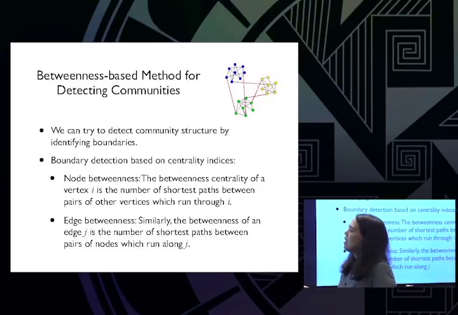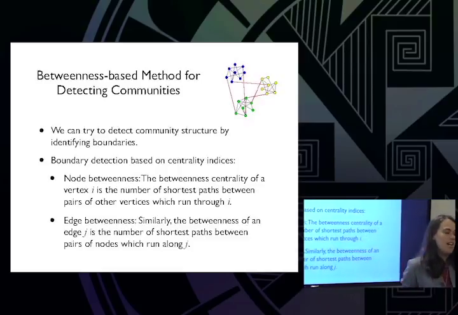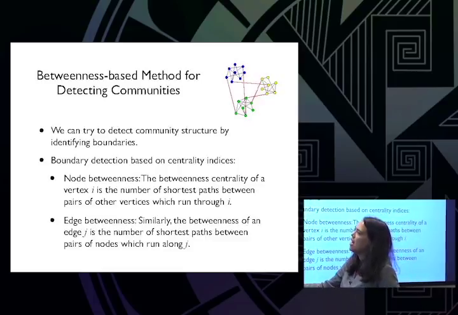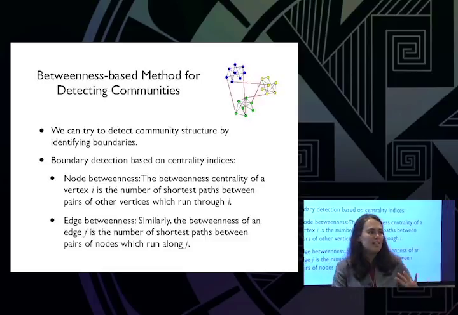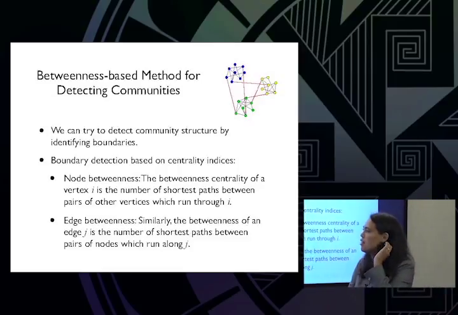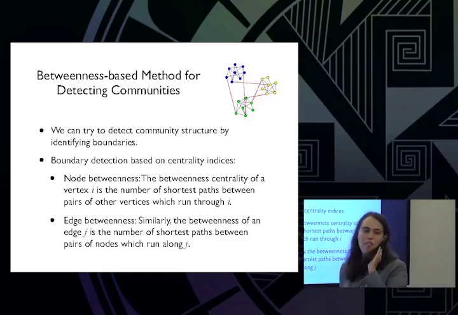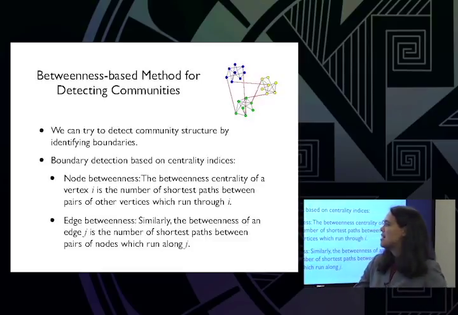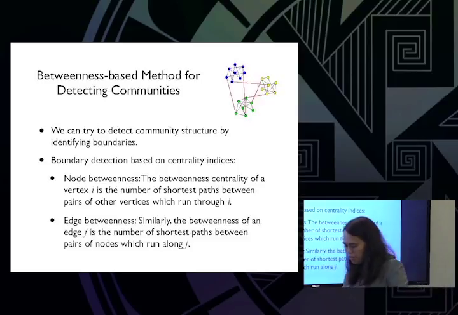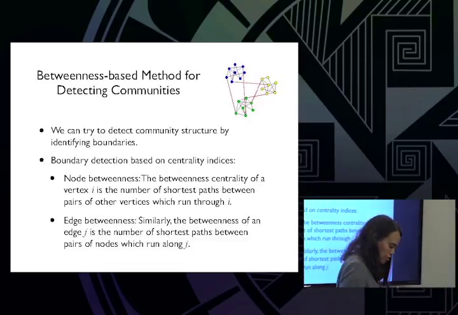So here, our idea is that we have this network, and we think it's divided into communities. We can try to detect these communities by identifying the boundaries, those links that go between communities. And we can use these centrality measures, these simple network measures, to help identify those boundaries. So there's this concept of node betweenness. We have different centrality measures that measure the importance of different nodes.